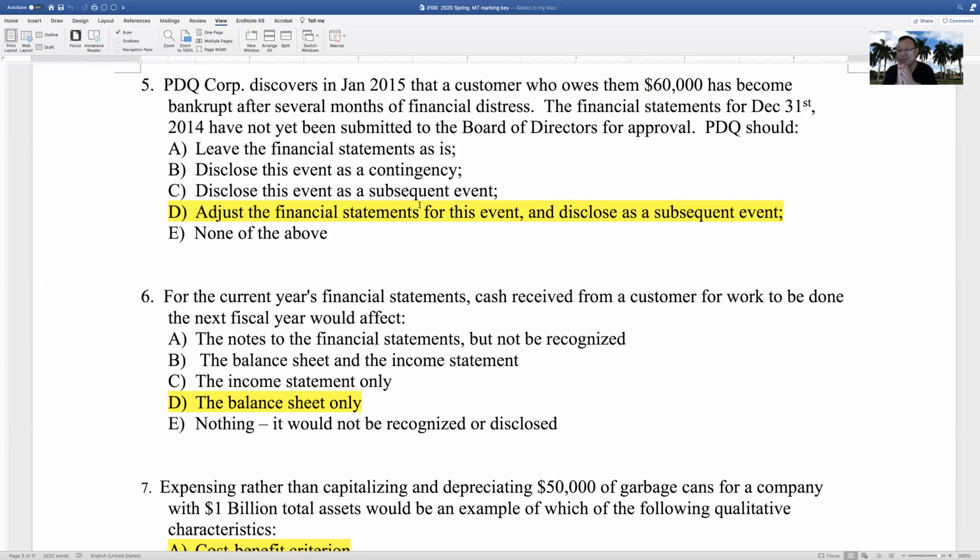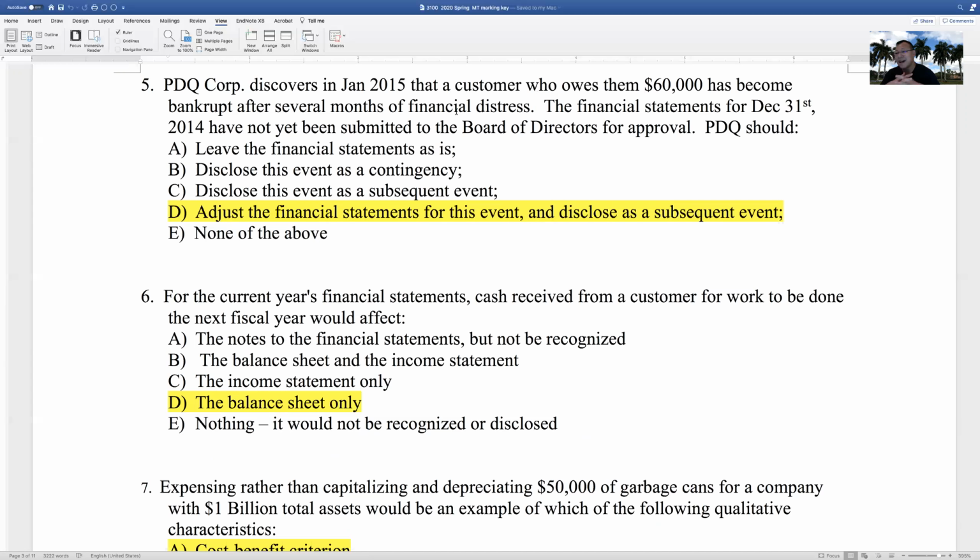So now this period is called the subsequent event period. This event, in January 2015, a customer has gone bankrupt, is the subsequent event. After several months of financial distress, maybe even before December, PDQ probably knew that this customer was going to go bankrupt.